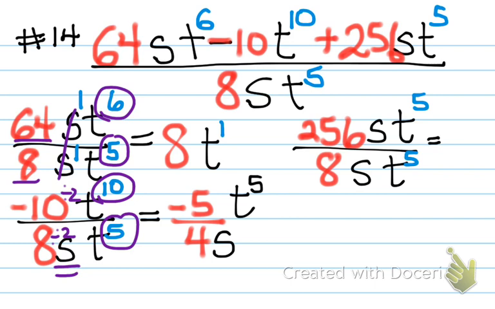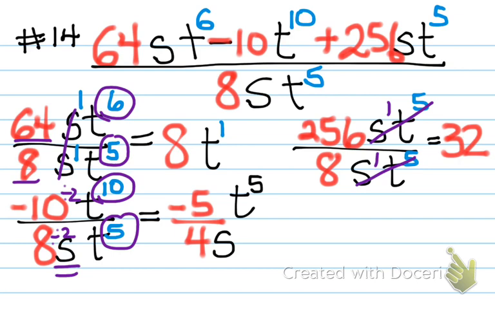Okay, 256 divided by 8 is 32, and since s t to the 5th is exactly the same on the top and the bottom, they just get crossed out because 5 minus 5 is 0 and 1 minus 1 is 0.